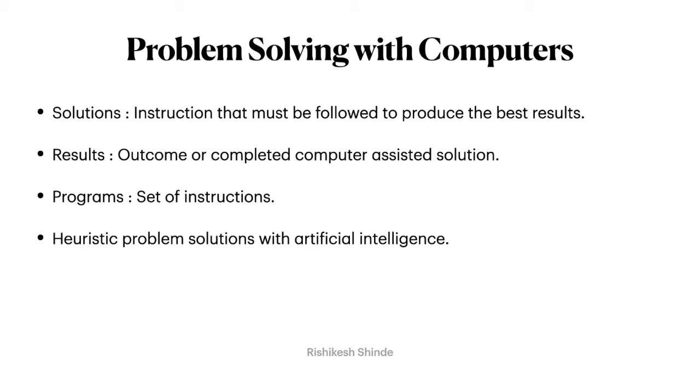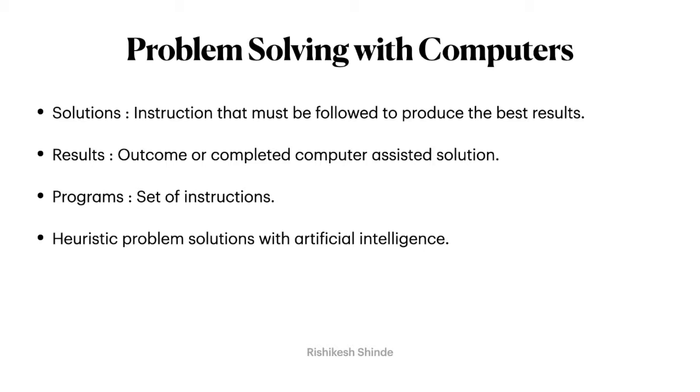In the second point, we consider results. A result is an outcome or the complete computer assisted answer. It can be in any form such as printout, updated files, output to monitor, speaker outputs, and many more results after the computer's computation on different types of data.